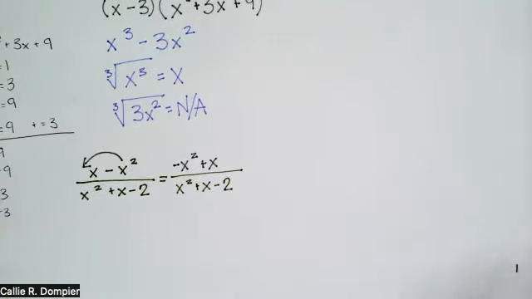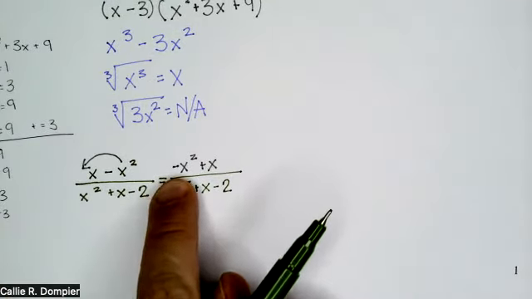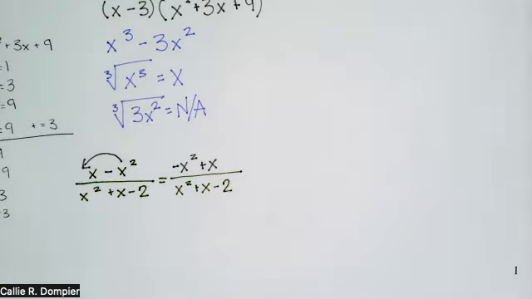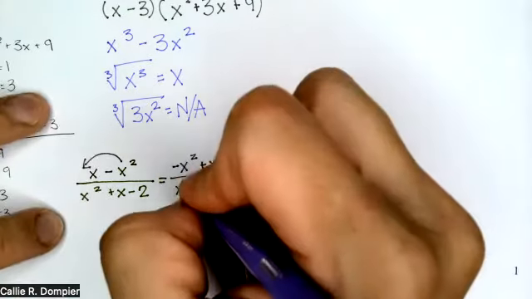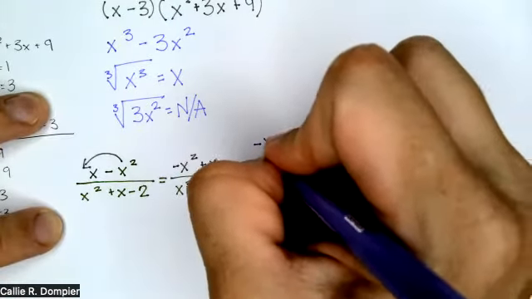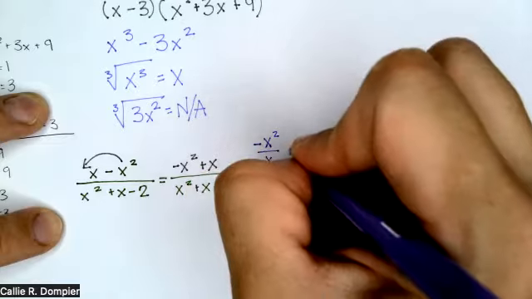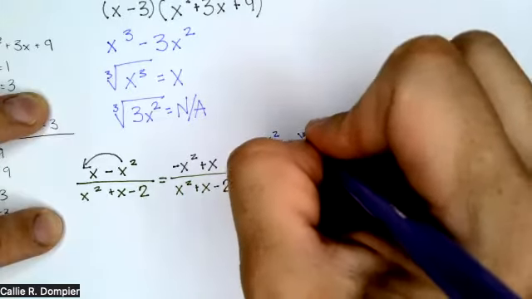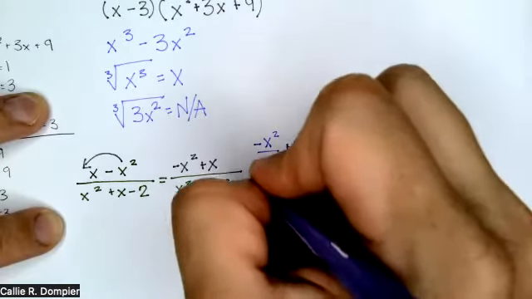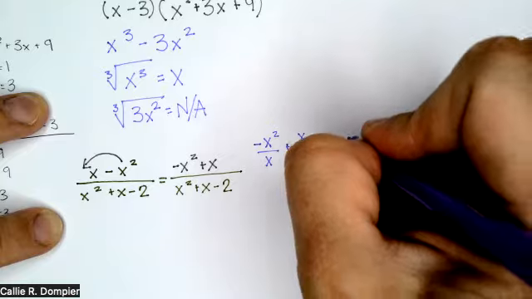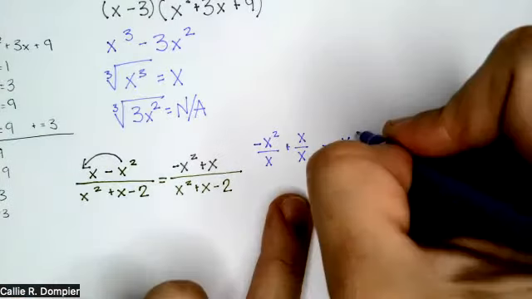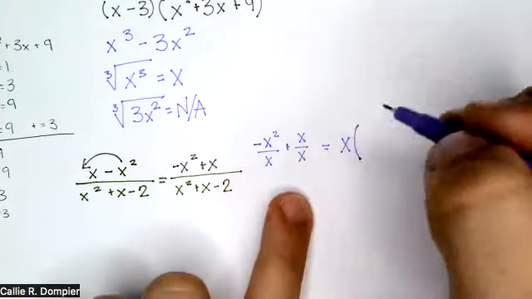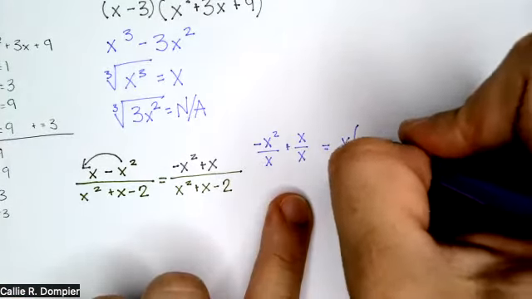Good. All right, so all I can do to negative x squared plus x is take out 1x, right? I can divide negative x squared by x and x by x. Negative x squared divided by x will just give me negative x.